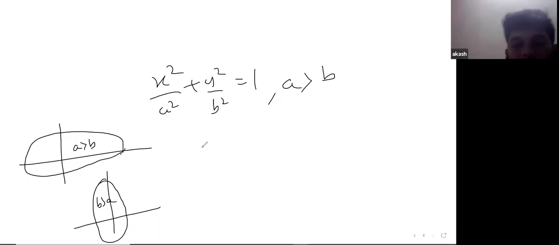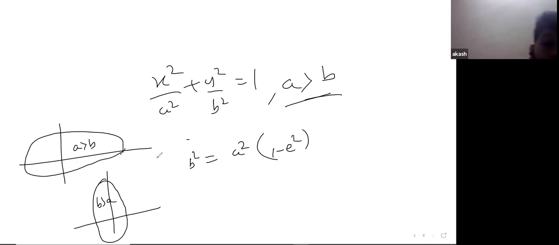To solve any questions for a greater than b, we write b square equals a square into 1 minus e square. This is the first equation that you'll be using. They'll give you the value of e; for different ellipses, they'll give you different values.